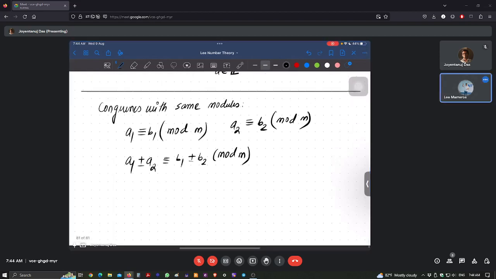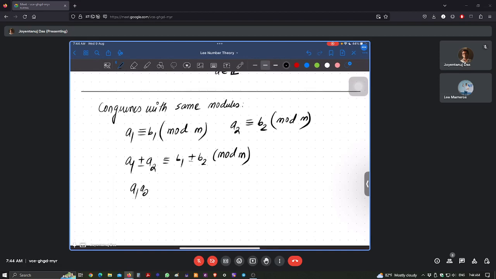And if I do the product, A1 A2 is congruent to B1 B2 mod M. So that will also work.